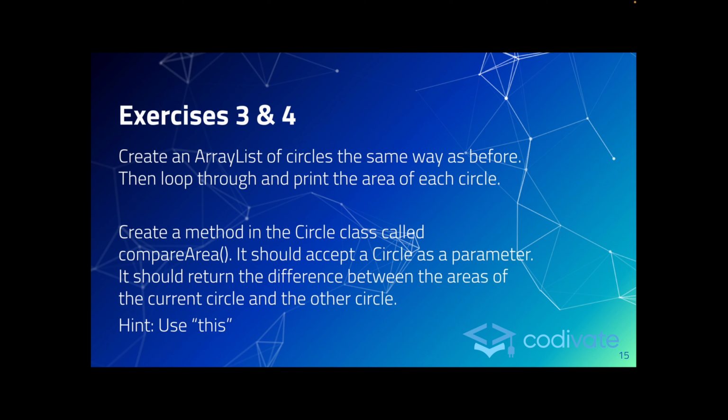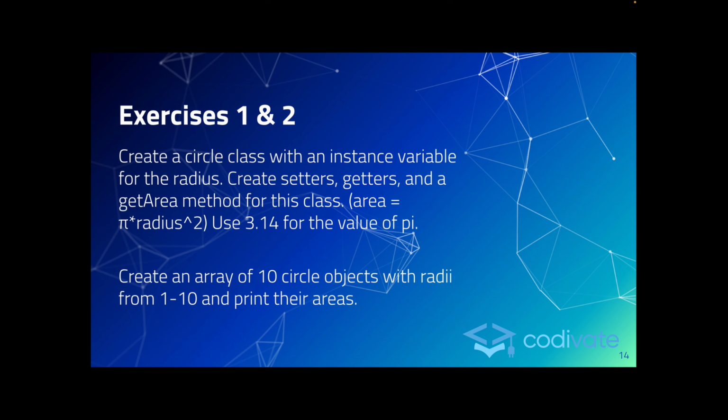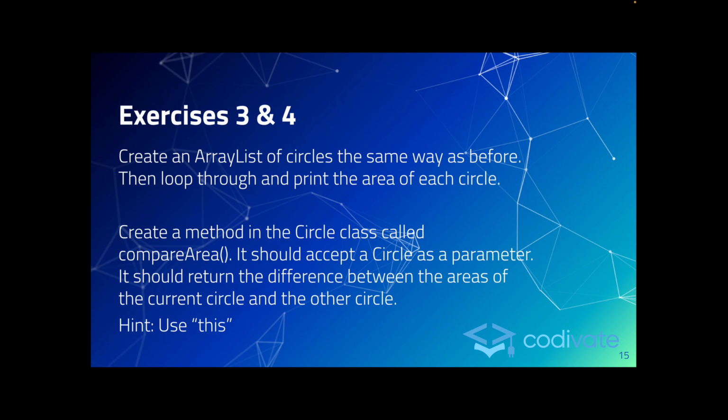For example, in a method, if you said this dot getArea, I believe that was the name of the method. Yes. So if you called this dot getArea, that would get the area of this circle, or the current instance that the method is being called in.